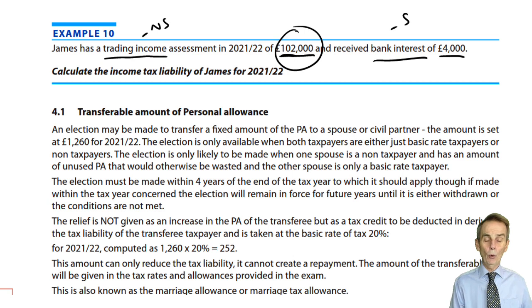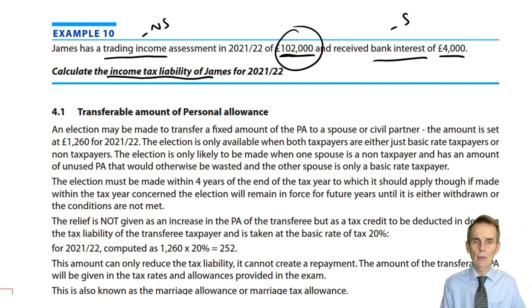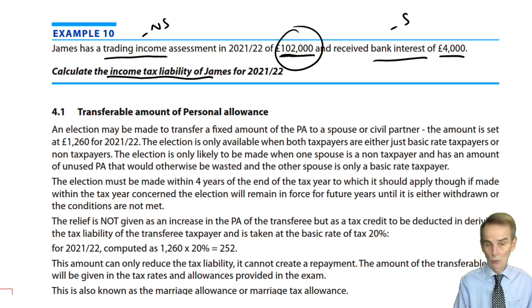That, of course, will use up all of your basic rate band limit and then move into higher rate. You then come to bank interest, but of course, we're now only a higher rate taxpayer. So what does that mean in terms of savings income? Again, over to you. Calculate the income tax liability for James for our 21-22 tax year, please, and pause again at this point.